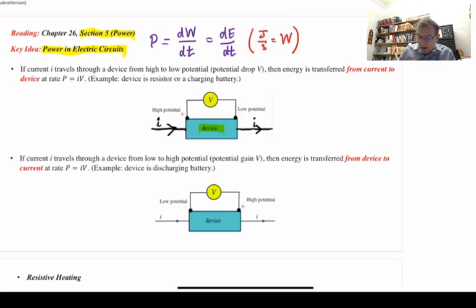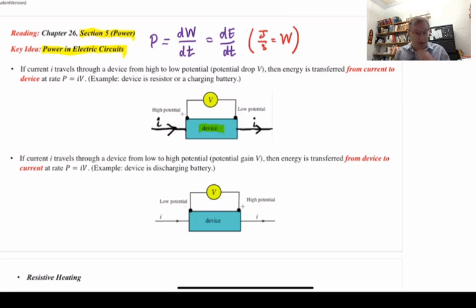So when I show a little arrow pointing to the right and label it I, that means I'm to think of positive charges flowing through the conducting wire on the left, and then through the device, and then through the conducting wire on the right, and onward. Okay? And I is the rate at which that positive charge is passing through a point, dq dt.